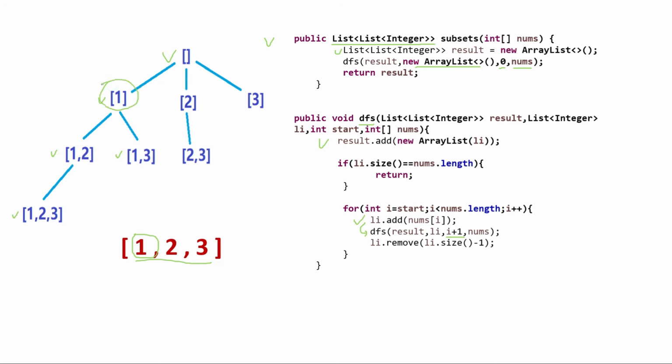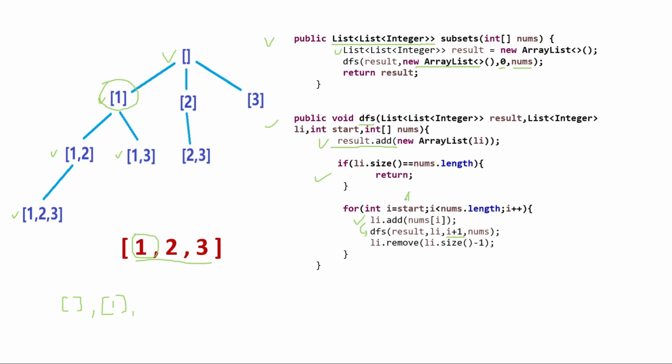Now we are here. And when I enter into this DFS call again, I will collect it as a result. Previously we collected this blank array. Now we have to collect this 1. Now the base condition is not met. So we have to start from 1 till the last.